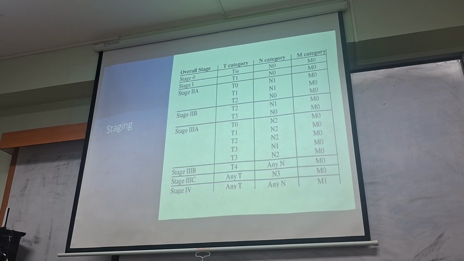So, may kapoy kayo ni memorization, no? Now, let me give you the long short of this. If there's any skin involvement, it's going to be stage 3 at the very least. If there's already supraclavicular lymph node involvement, that's 3C.